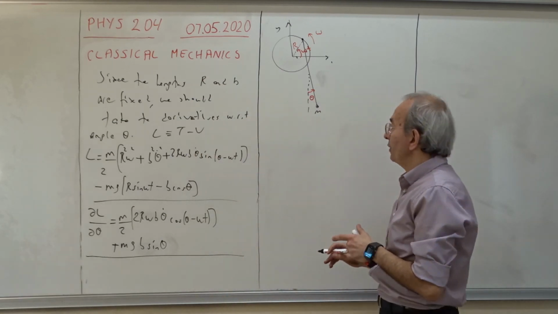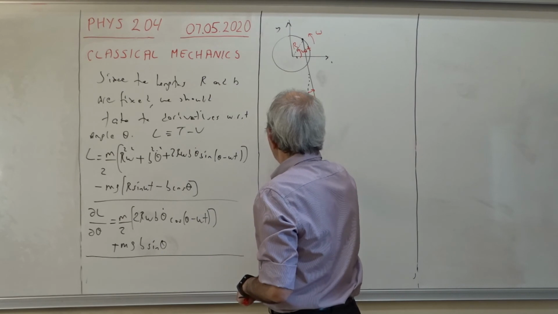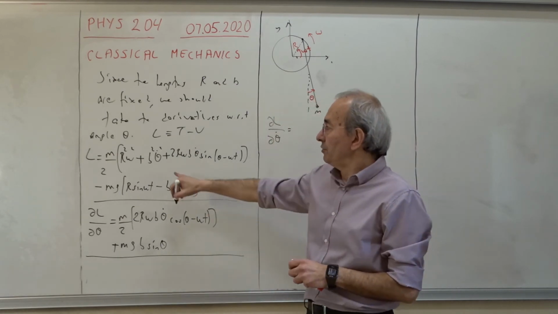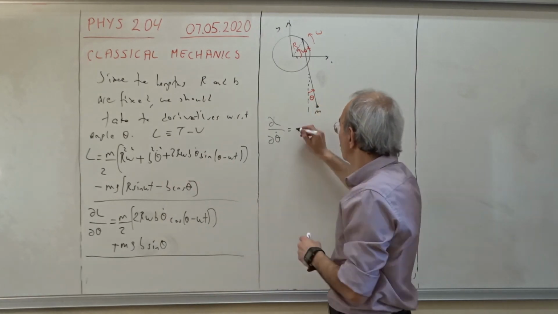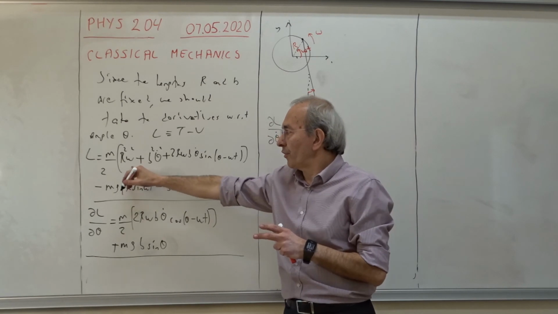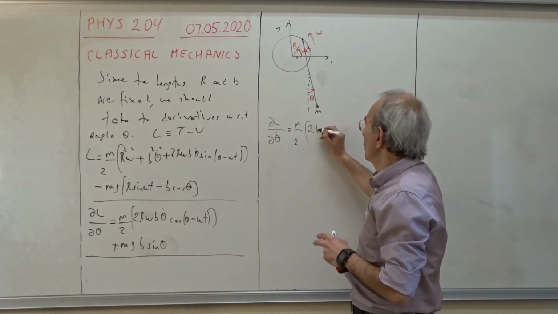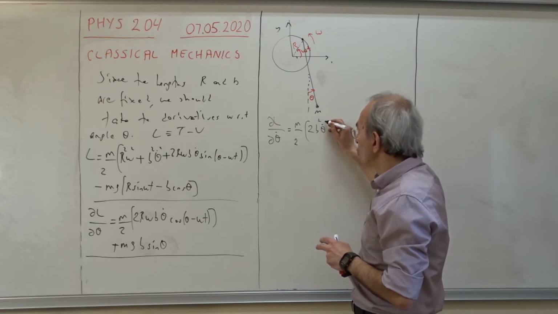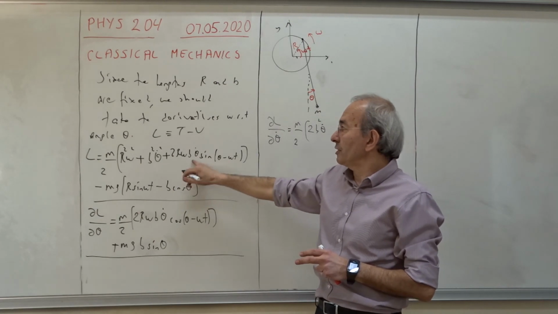Del L by del theta dot. As we look at the Lagrangian after m over 2, this term doesn't give us anything. That one, yes, 2b squared theta dot for the first case, and also there's a theta dot here.